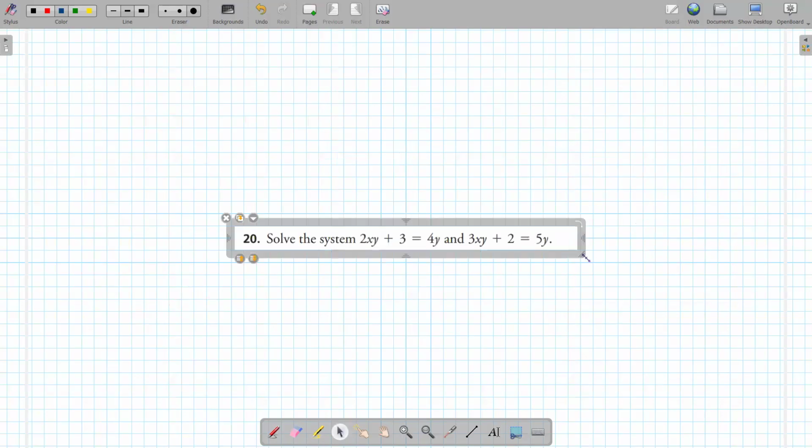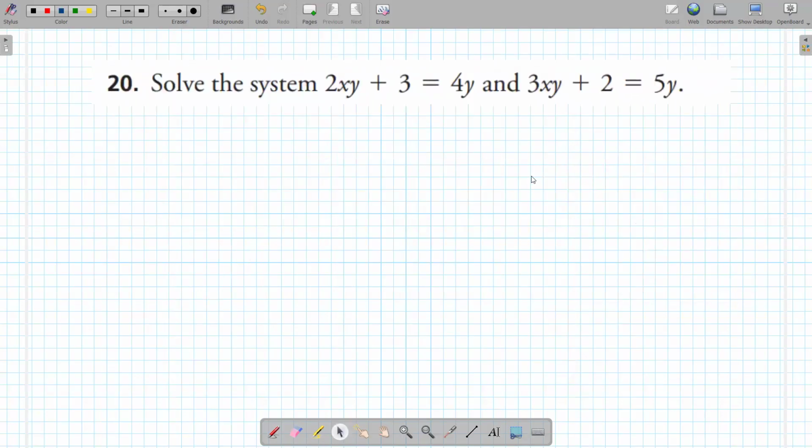Let's try this one. So first of all, we have how many unknowns in this system of linear equations? Potentially it's not even linear, but how many unknowns are there? No, there's only two unknowns. One of them is a combination, but in terms of the unknowns, x and y.